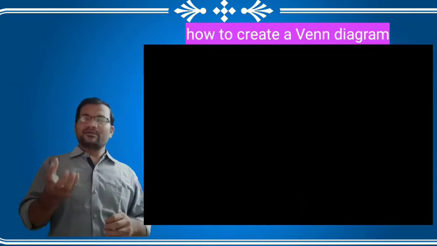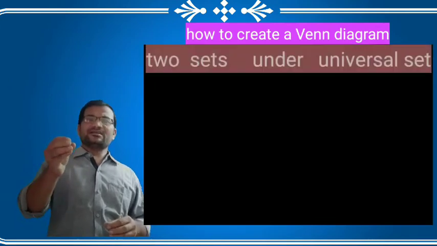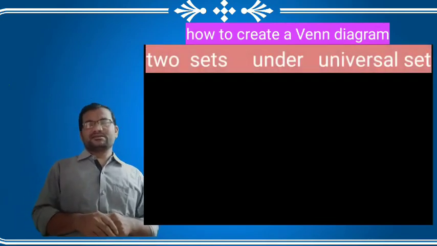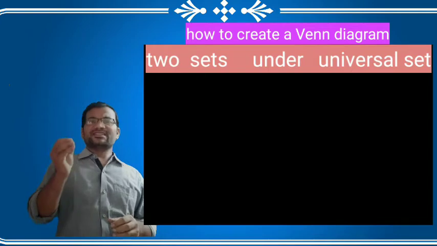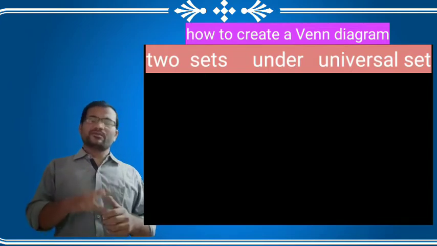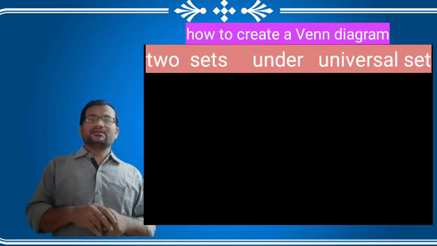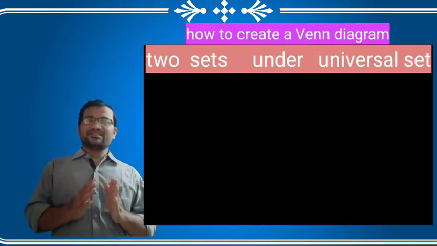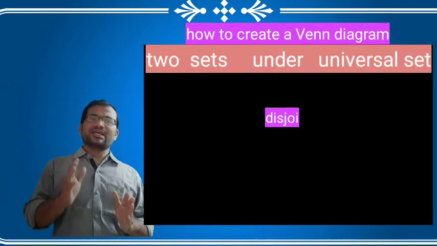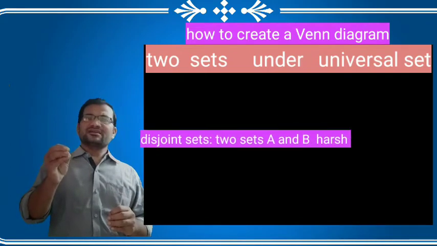Now we are going to learn about two sets in the universal set. It includes three cases. Case number 1, those two sets are disjoint. That means two sets are called disjoint if they have no common elements in them.